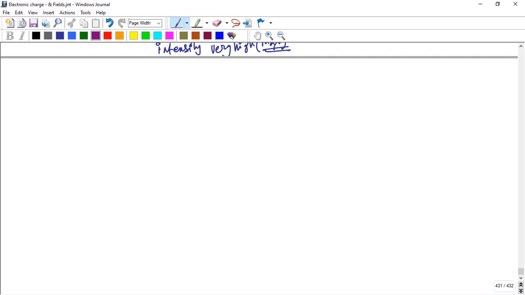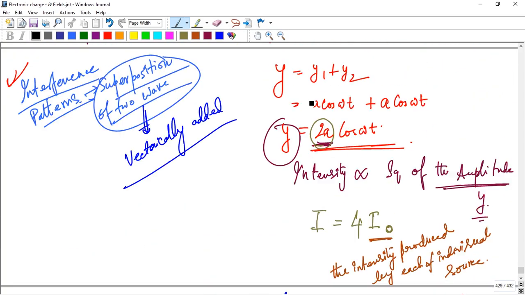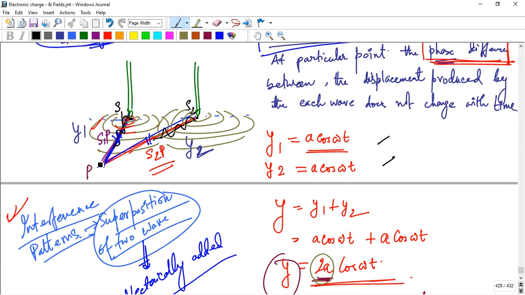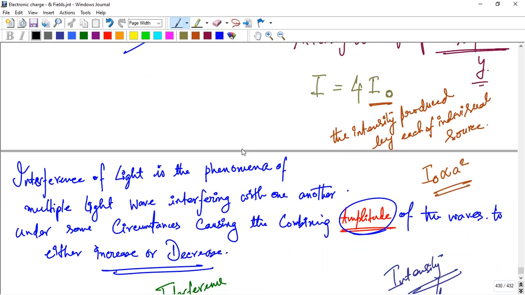Suppose this needle is S1 and another needle is S2, and we get a wave here. Choose an arbitrary point Q, and similarly an arbitrary point P, where S1P and S2P are equal. These are coherent sources.